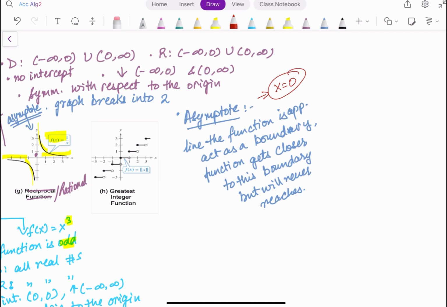So when x is equal to 0, for f of x is equal to 1 over x, then the function is undefined. You need to write this down.